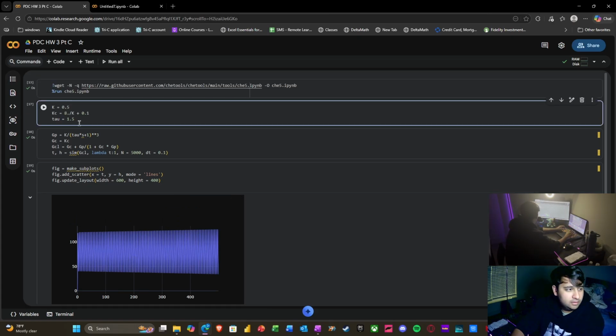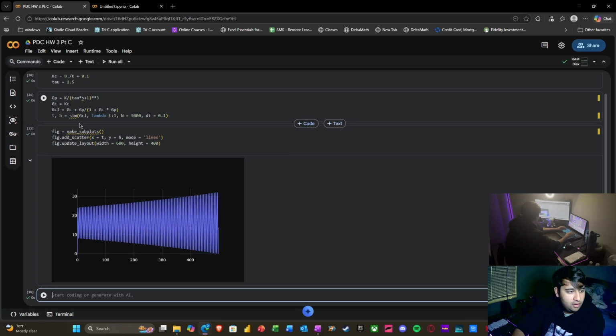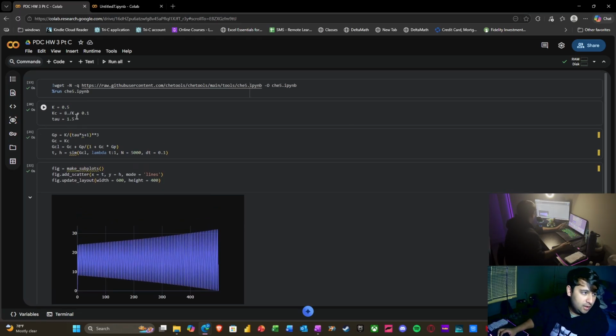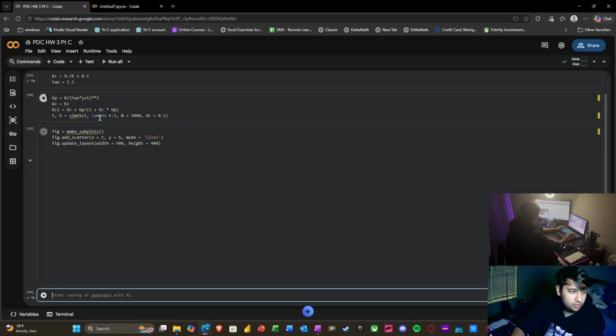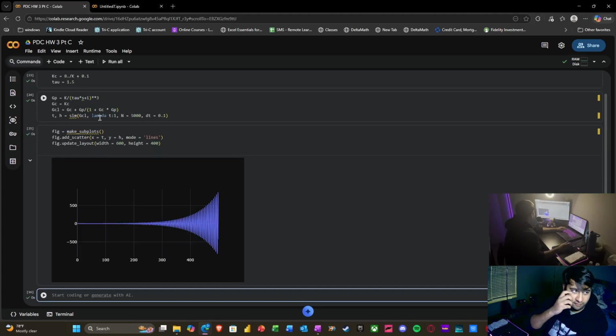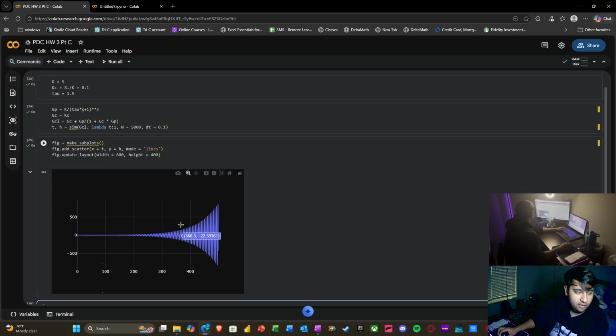So what happens if we make k 0.1, and it becomes very thick, and that's a little bit of a pattern that we see here, where the lower k goes, the more unsteady the system becomes, due to the fact that Kc is a lot higher value. However, as we approach Kc being closer to 1, so suppose we make it 5, we see that it's starting to thin out here.